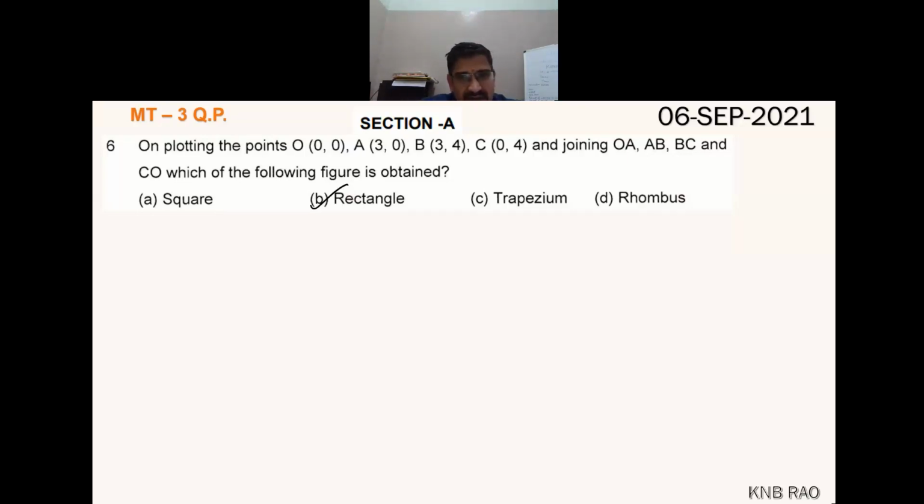The coordinates here are (3, 0), (3, 4), (0, 4). If these coordinates were equal, like (3, 3) and (0, 3), then definitely we would have got a square. So you need to watch it, visualize it, and answer. Then moving on to the next question.